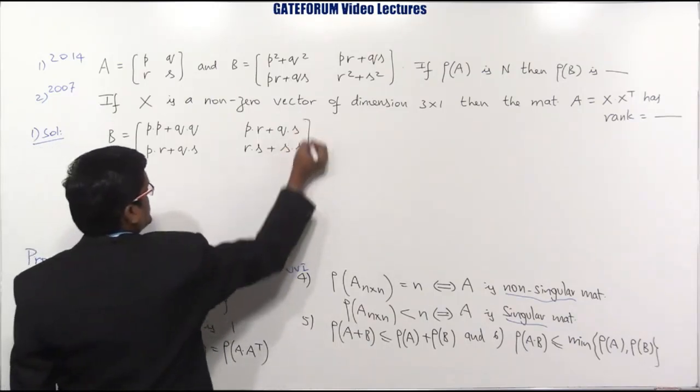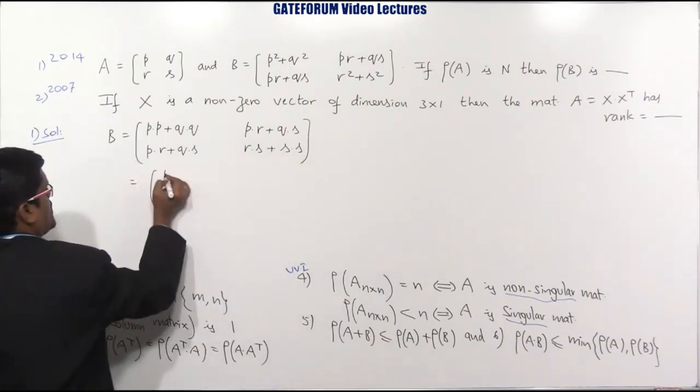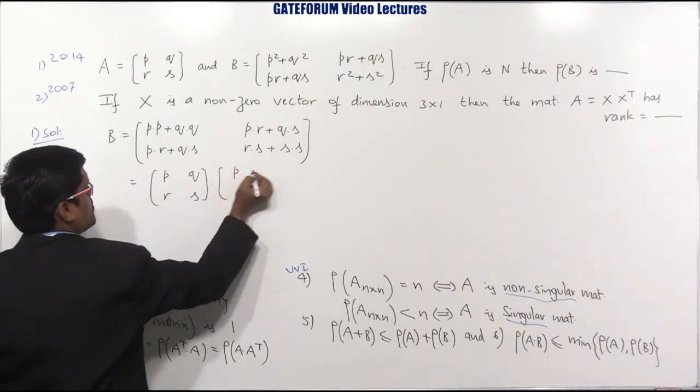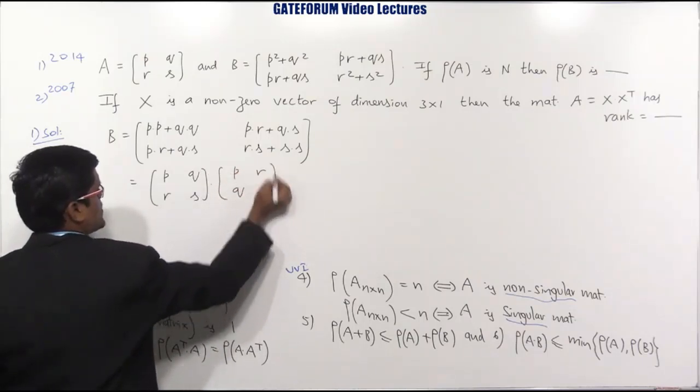So, in this, I can write this is P, Q, R, S into P, R, Q, S.